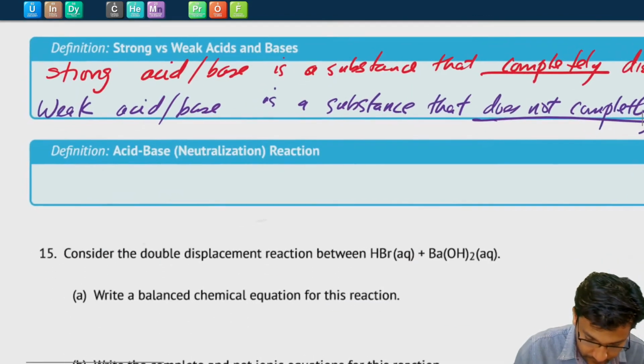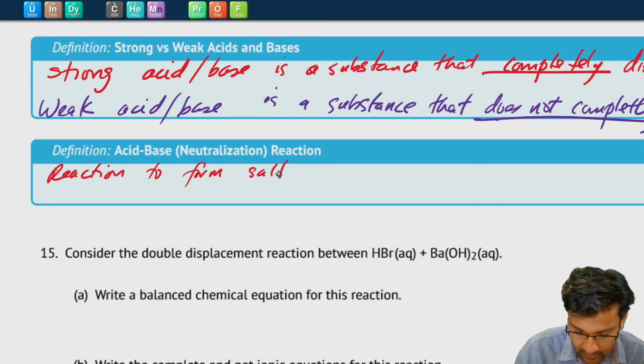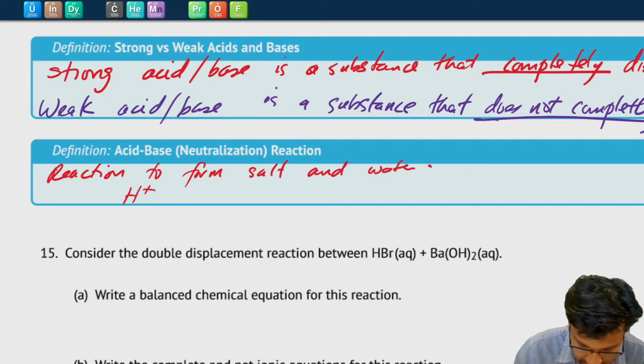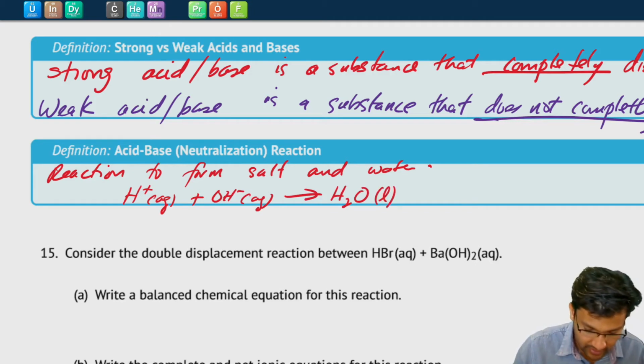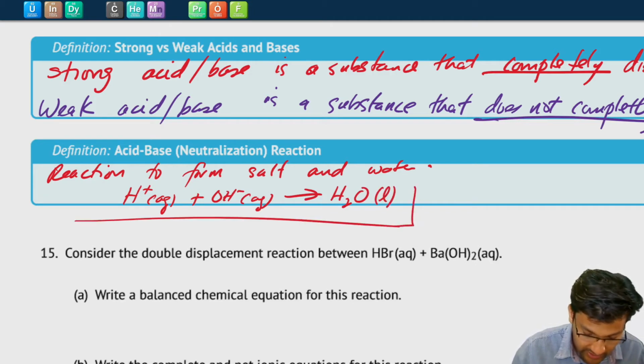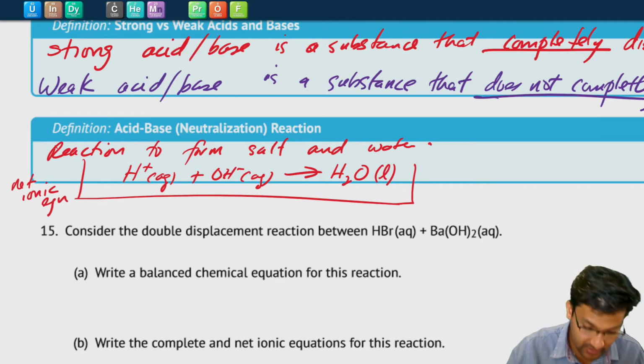So it's a reaction to form salt and water, and usually it's the H plus aqueous plus OH minus aqueous going to give us H2O, and then whatever salt is left over. So this is typically the net ionic equation for most acid-base reactions.